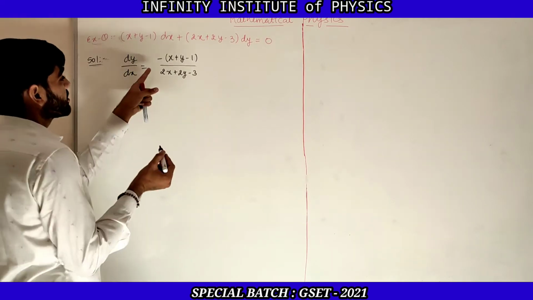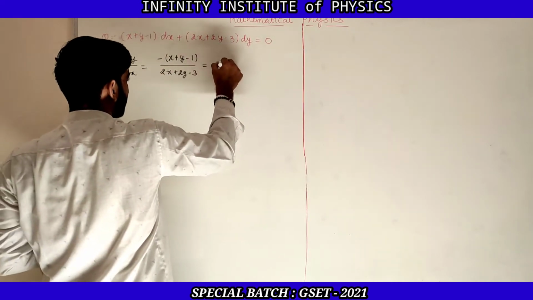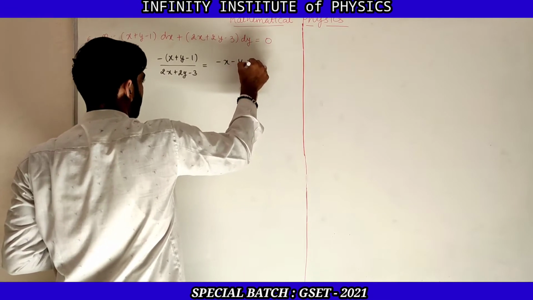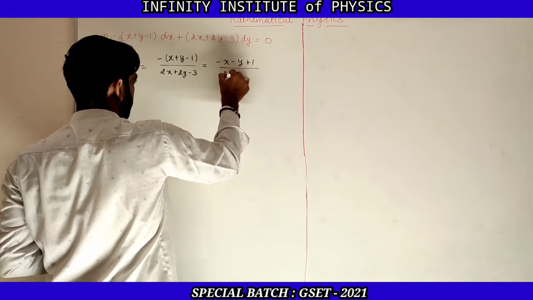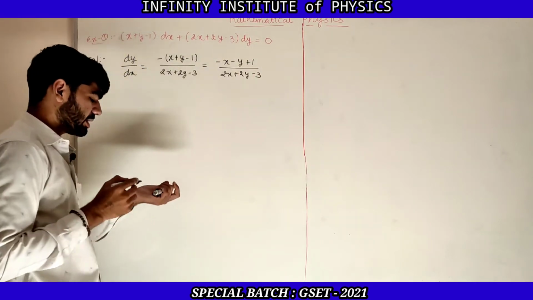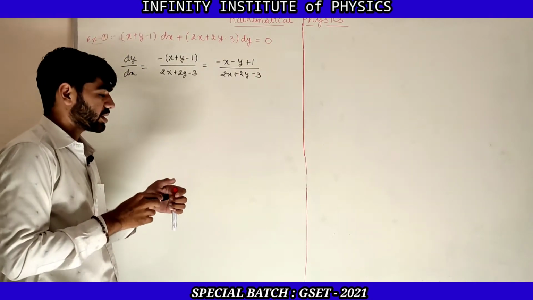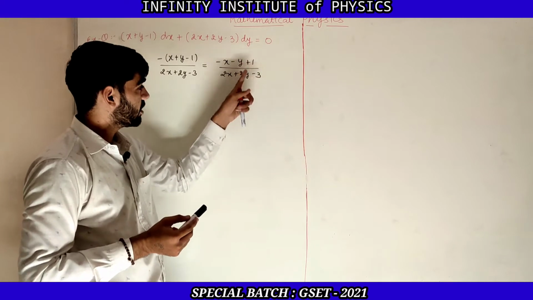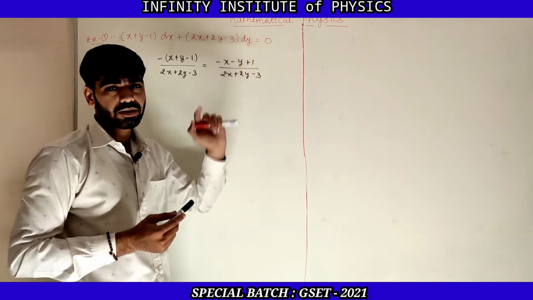Now let us multiply the minus inside, then it will be minus x minus y plus 1 upon 2x plus 2y minus 3. And now you can see that this is non-homogeneous, because in m there is a constant term 1, and in n there is also the constant term minus 3.